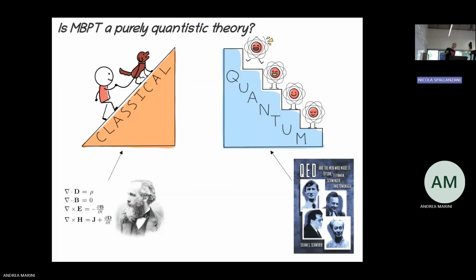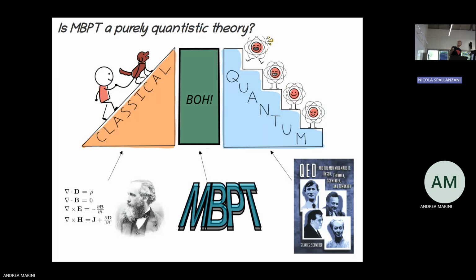So you say, okay, then I have classical physics with Maxwell, I have quantum physics with QED. QED is in charge of the quantistic. There is no classical part of QED. And then you have many body. So many body is in the middle. Many body means with a leg in classical mechanics and a leg in quantum mechanics.